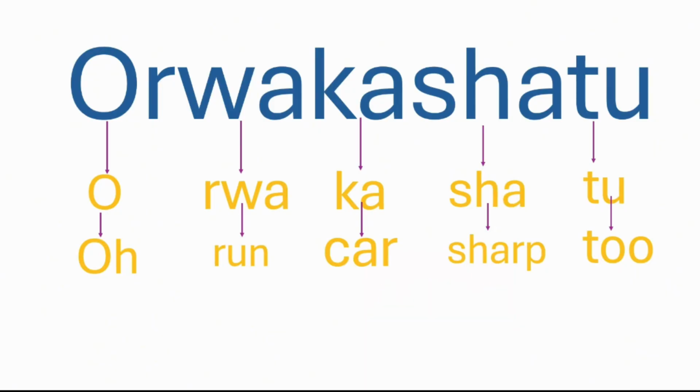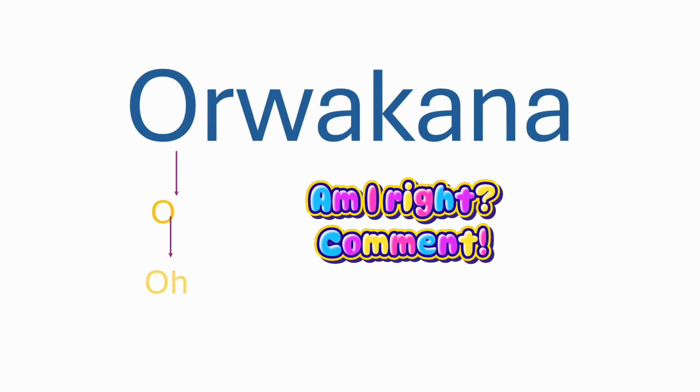Next, let's get into Thursday. The English word Thursday, the fourth day of the week. In Rukiga, this is Orwakana. It starts with O as usual. I think by now you know how to say O. I don't have to repeat it over and over.